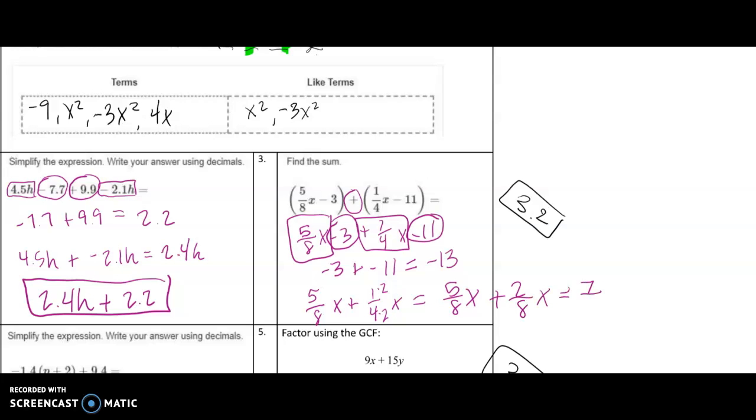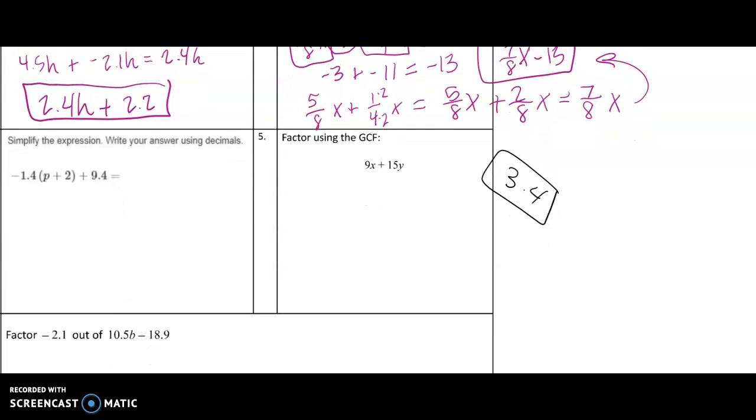So we get 7/8 x. I'm going to put my answer up here. Sorry, it's kind of not that organized. But I have 7/8 x minus 13, and that is my answer.